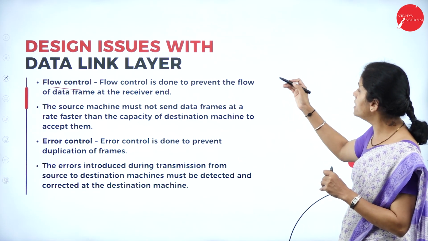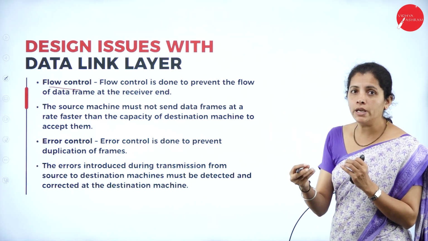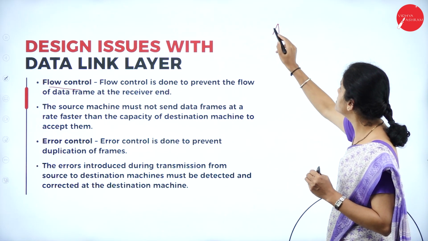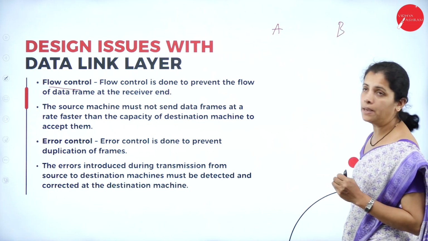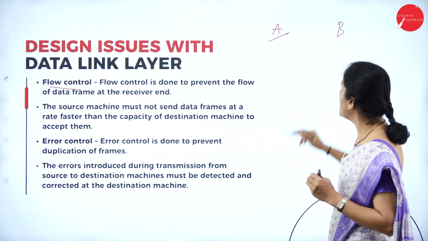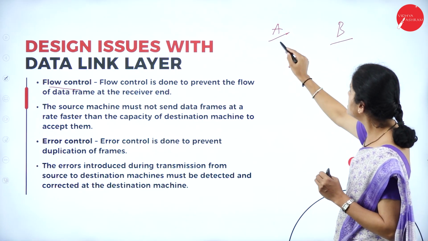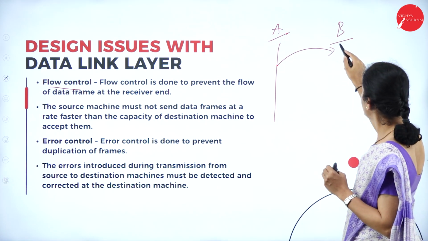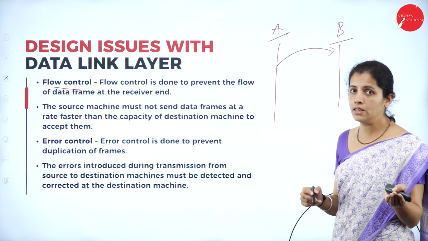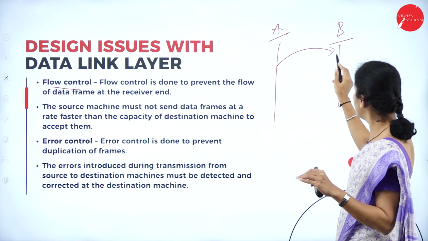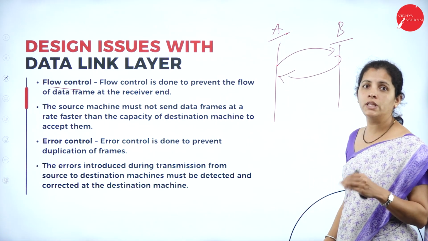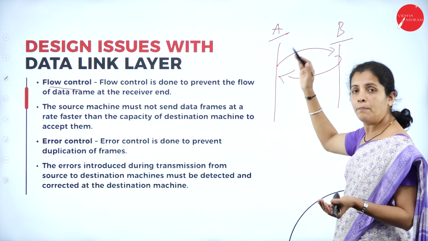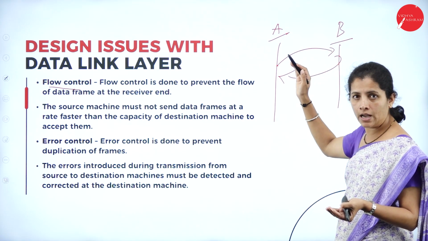There must be an agreement between sender and receiver. For example, think that I have sender A and receiver B. Now the sender is going to send the data to B. B is responsible for receiving the data or packet, and then sends the acknowledgement back to A. Now A understands that B received frame 1.